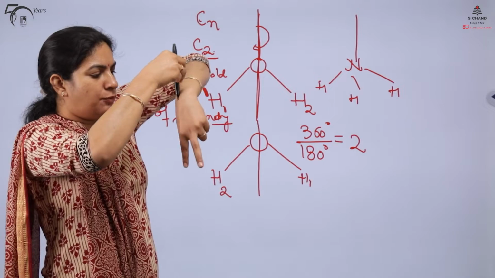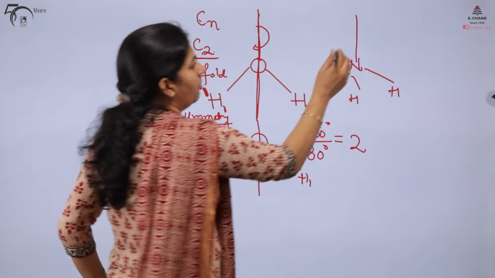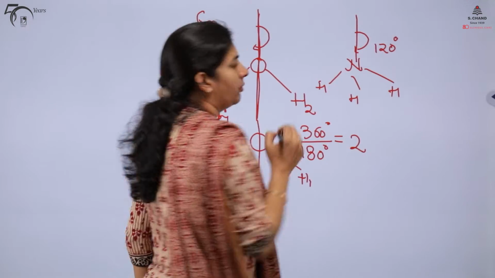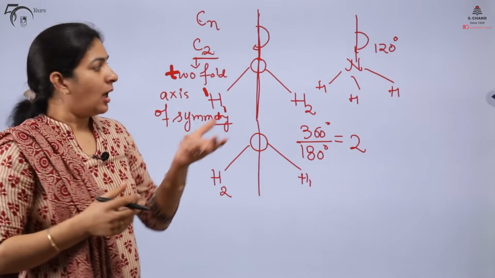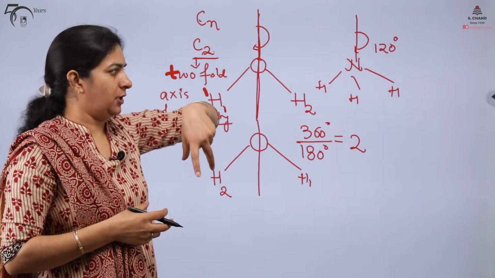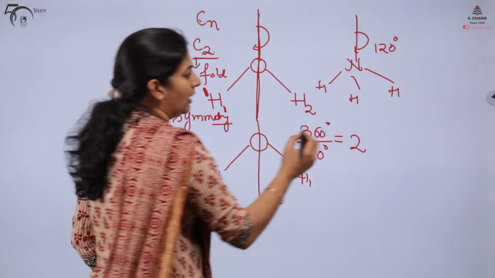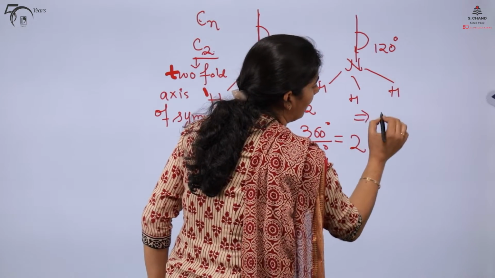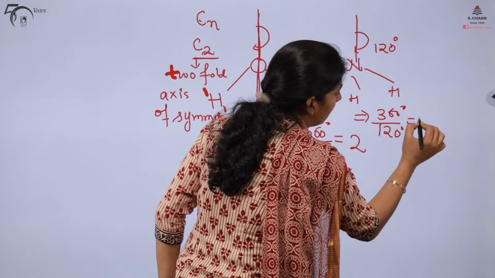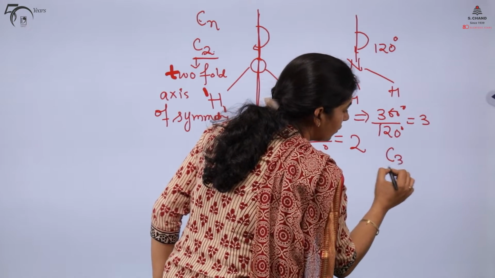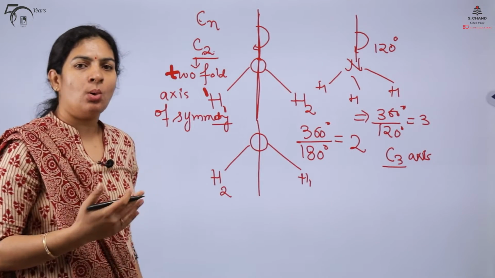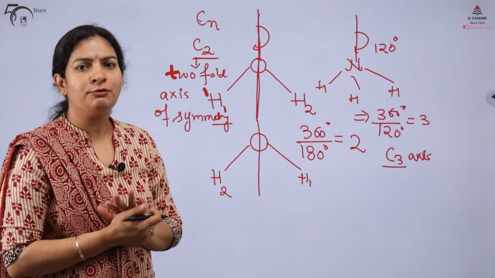About this axis, if you rotate the ammonia molecule by 120°, then an identical arrangement of atoms will be observed. Therefore, 360 divided by 120 gives 3, so it has a C3 axis of symmetry, which is also known as a threefold axis of symmetry.